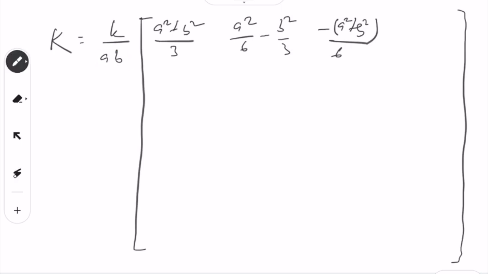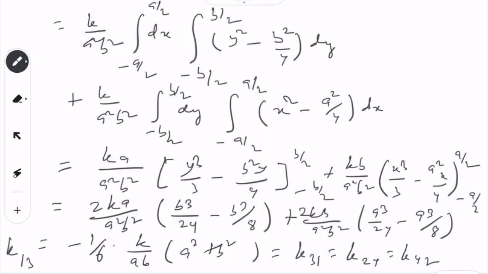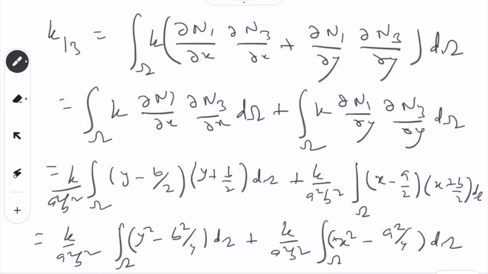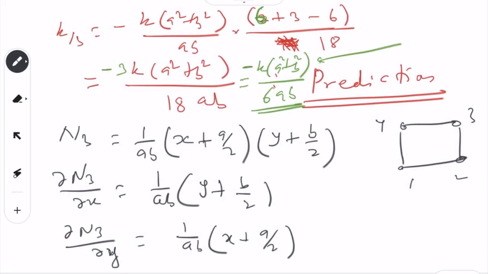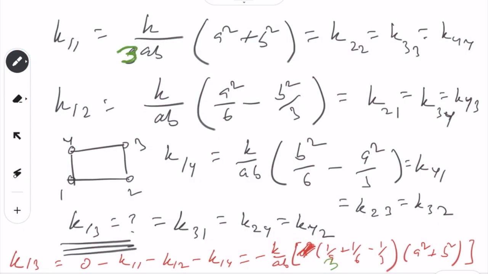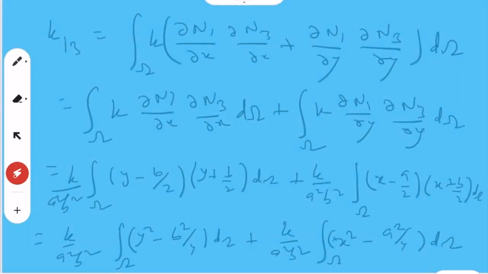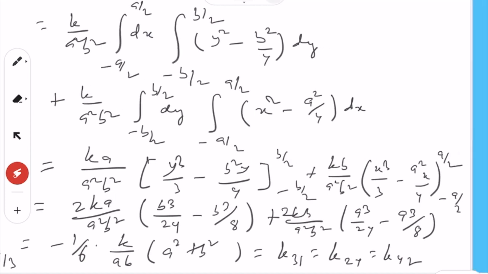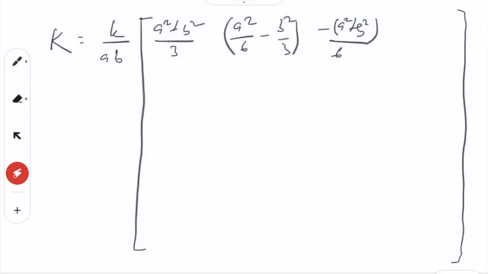Okay, then so we have together this one, 1 4. So 1 3, 1 4. Okay, so we have 1 4 here. So this will be just replacing a with b, b with a.